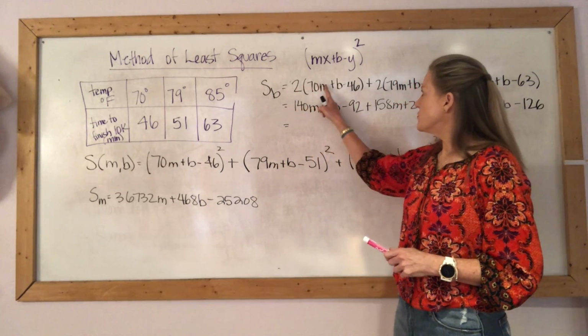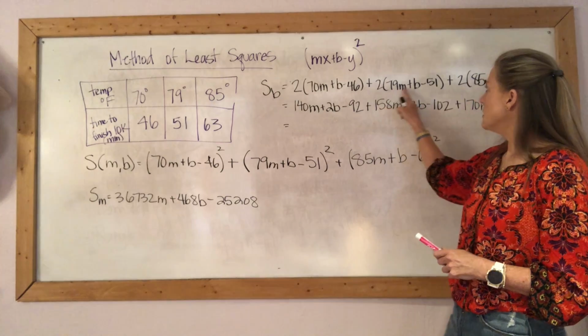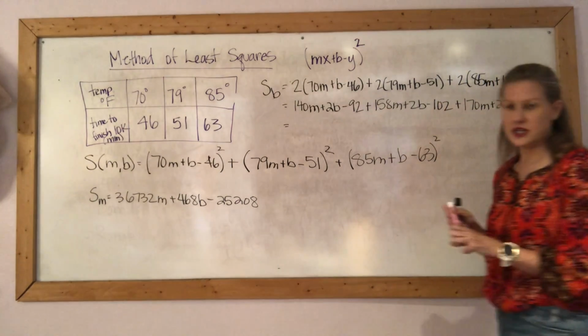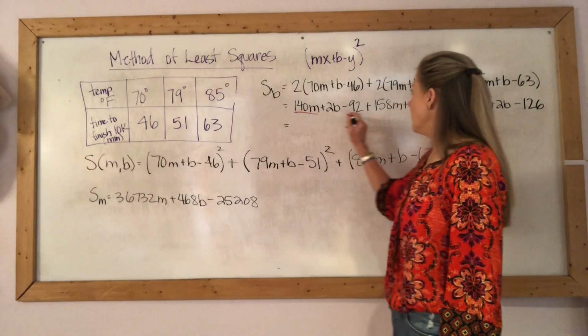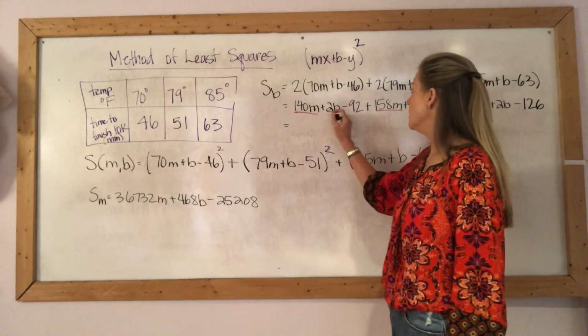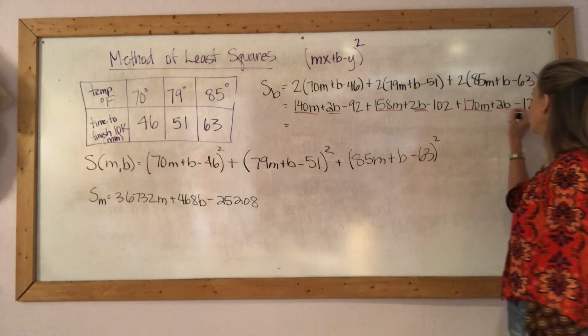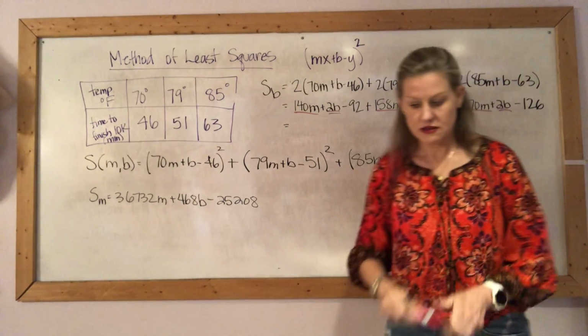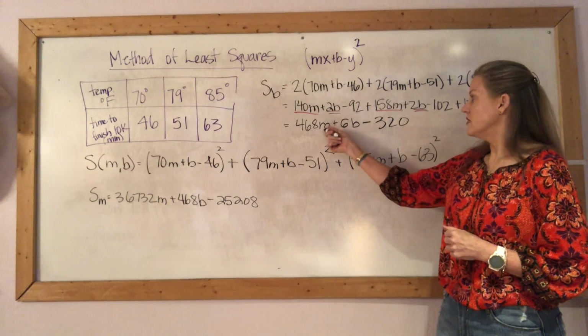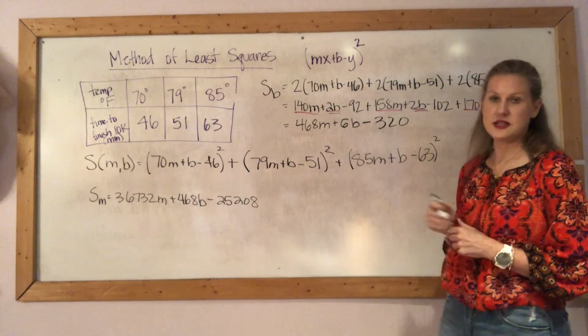So I went and I distributed my 2's on the outside of the parentheses and got this all stretched out. And then I'm going to combine my like terms again. So I will do my underline trick to keep me straight on that. And that gives me this, 468M plus 6B minus 320.